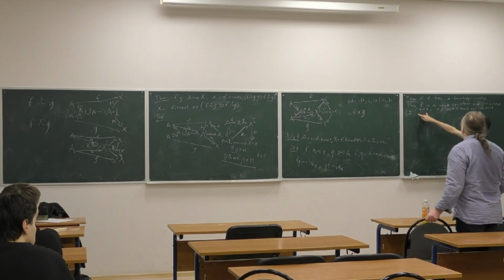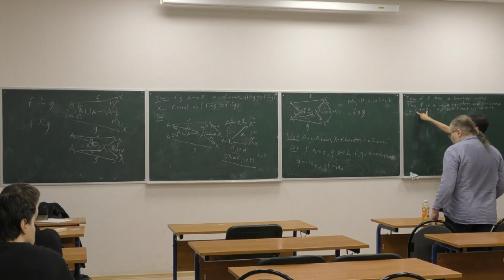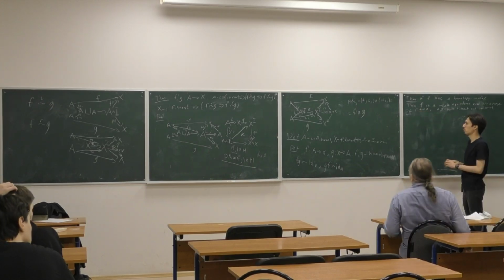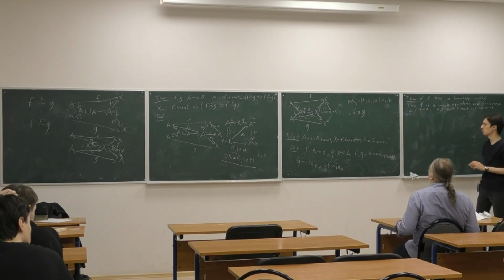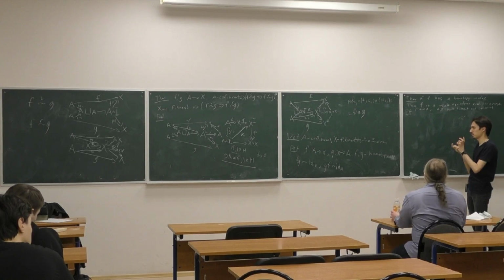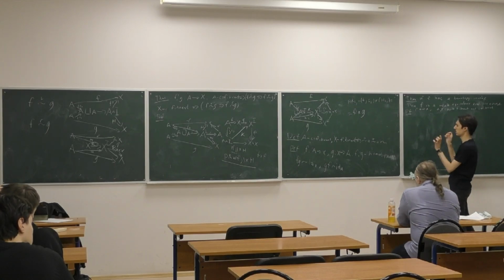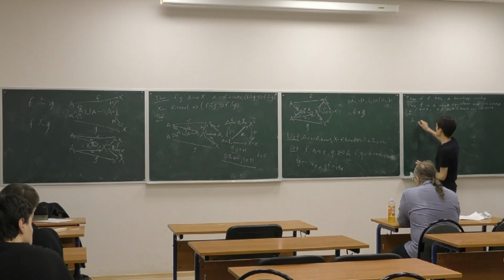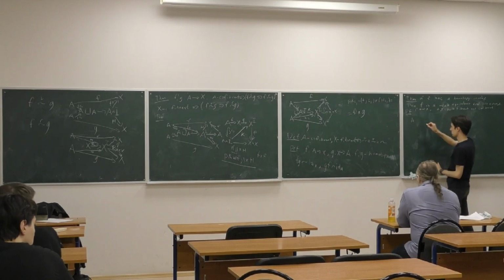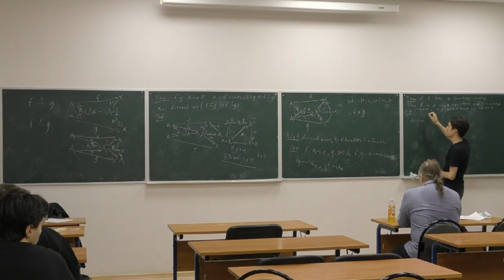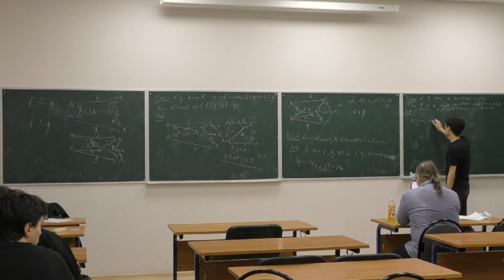Okay, so if we have a map F from A to X, we can, by the last axiom, split it. We can make it a composition of two maps, for example, an acyclic cofibration and a fibration.